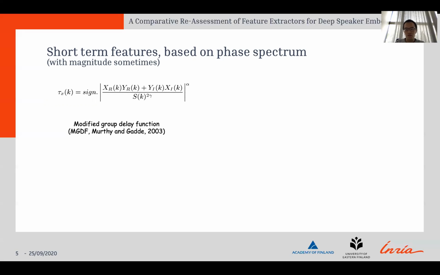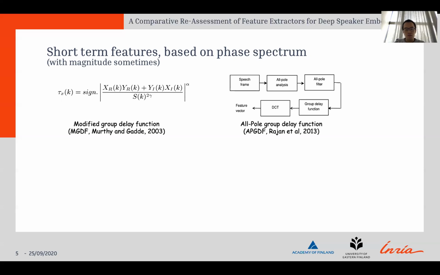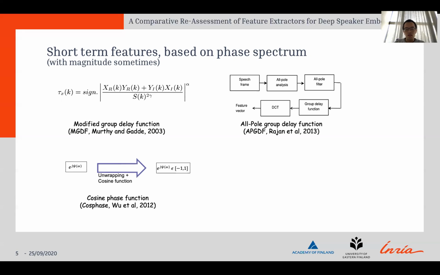We turn it into a parametric technique by gamma and alpha, as shown here. R and I here mean the real and imaginary parts of the complex representation from the discrete Fourier transform. On the other hand, we can combine group delay function with the output representation of a spectrum having a fewer number of parameters. We have two other features that are not dependent on group delay function and are thus kind of simpler from our perspective.